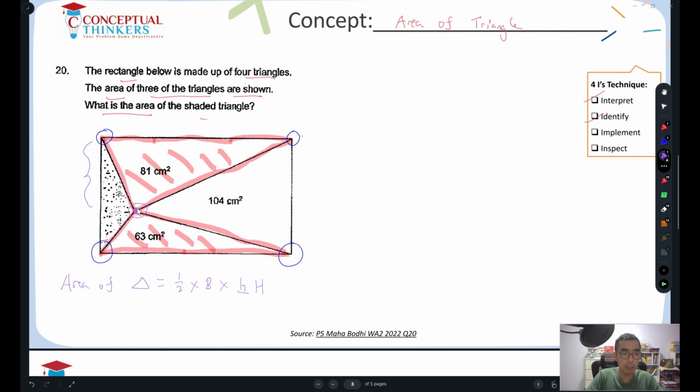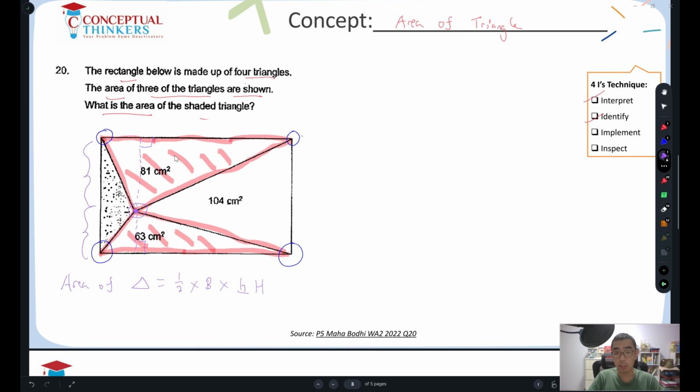So the perpendicular height is what I drew in the diagram here. Now these 2 heights combined will give you the breadth of the rectangle, right? So if you add up the 2 triangles in terms of their areas, you'll notice that it will give you half of the rectangle. So let's put in some numbers for calculation.